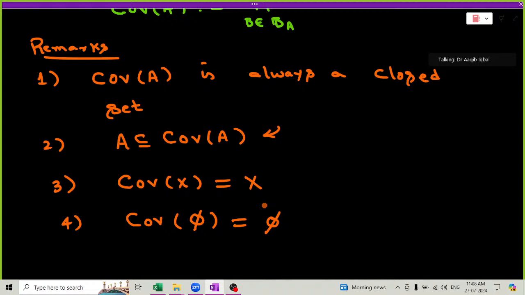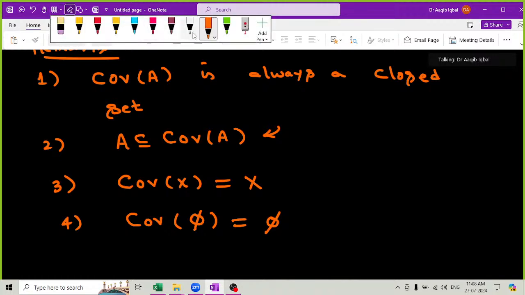Is this a mathematically interesting situation? No. It's a pathological case, so we discard this. For the other cases you can prove that the cover of the empty set is the empty set. In the pathological case we also define it as the empty set. I'm telling you that. If X has 2 different points, how will you do it there?